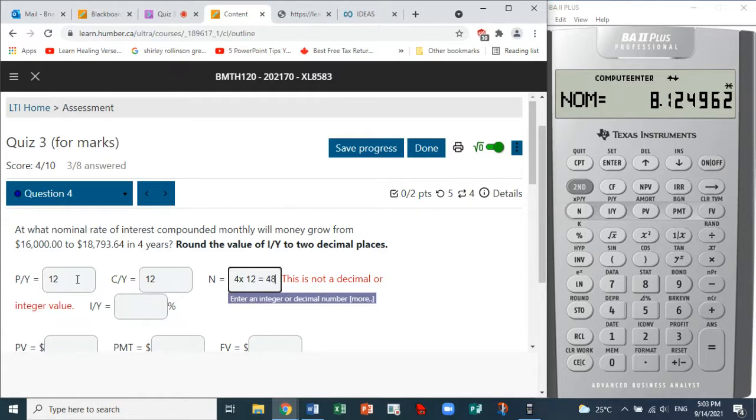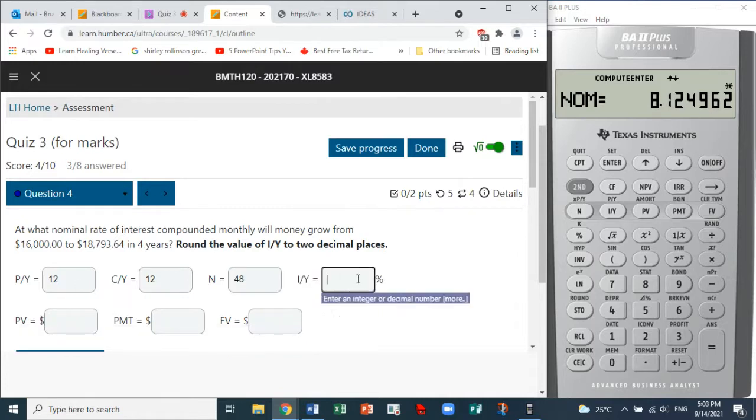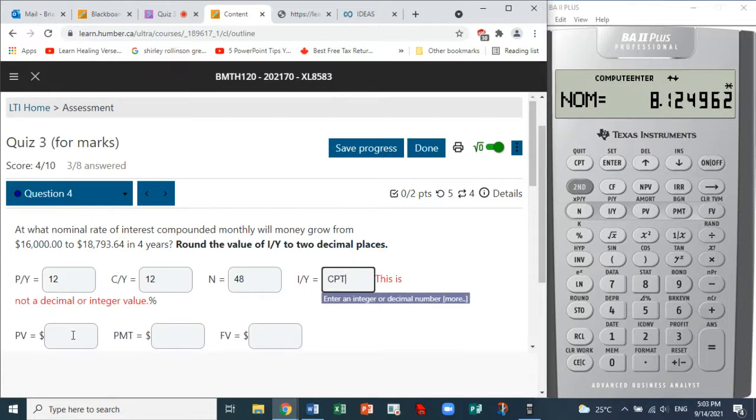All right. Okay, but you know we cannot put 4 times 12 in there. It will surely give us an error, so we have to get that out of there. Now, IY is what we need to compute. Okay, we have to compute that. PV is this 16,000. It's growing from 16,000 to $18,793.64.